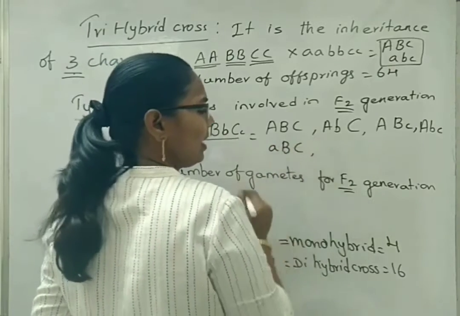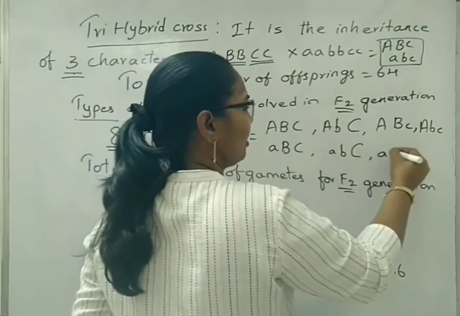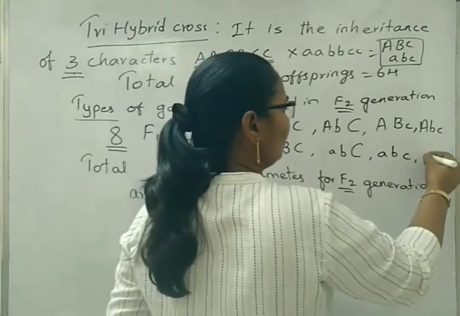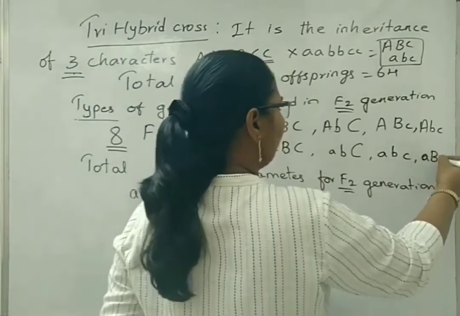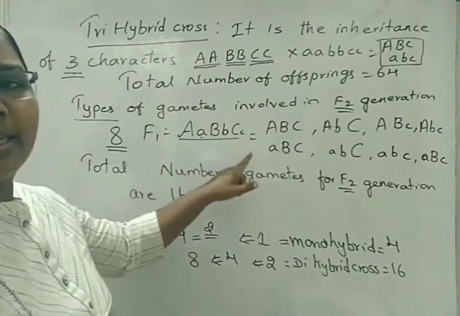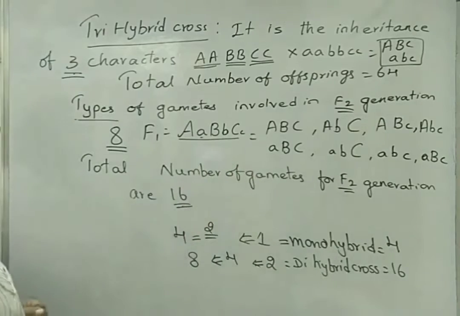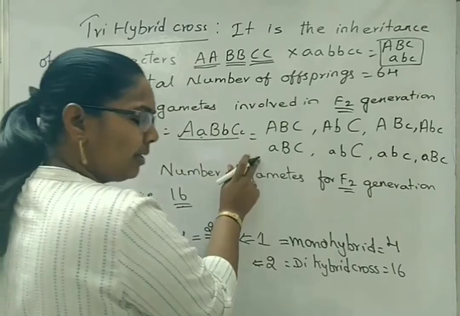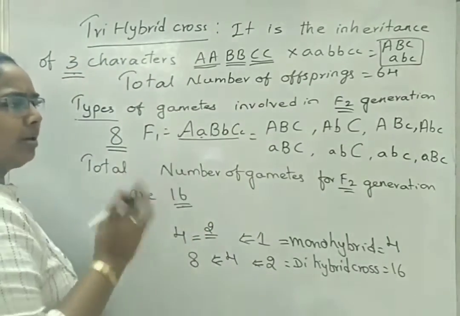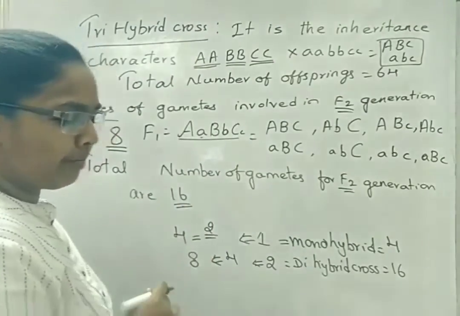Small a, capital B, capital C. Small a, small b, capital C. Small a, small b, small c. Now, small a, capital B, small c. So, 8 different types of gametes that we have seen after F1 to obtain the F2 generation. Now, when these are represented on the topmost area of the Punnett square and on the left side of the Punnett square, obviously the total number 8 plus 8 will be 16 number of gametes.